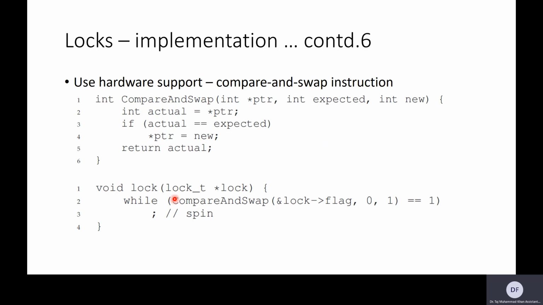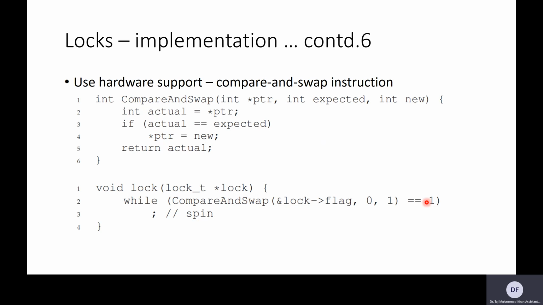Again, the lock function is similar to test and set. We get a lock and we call compare and swap, give it the address of the flag, expected value to be 0 and new value to be 1. Okay? And it returns the old value which we compare to 1.